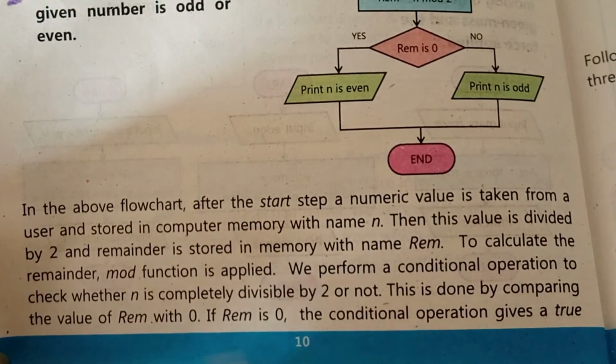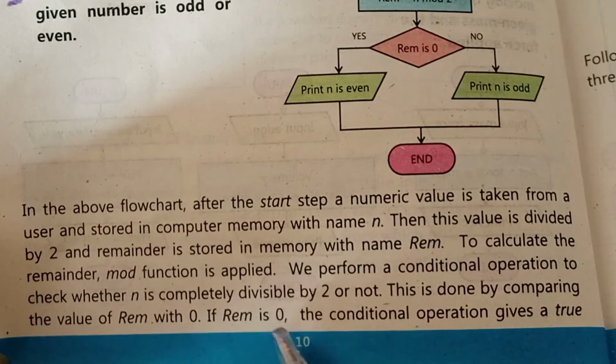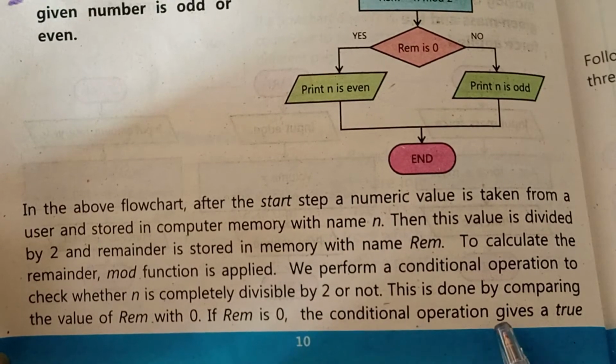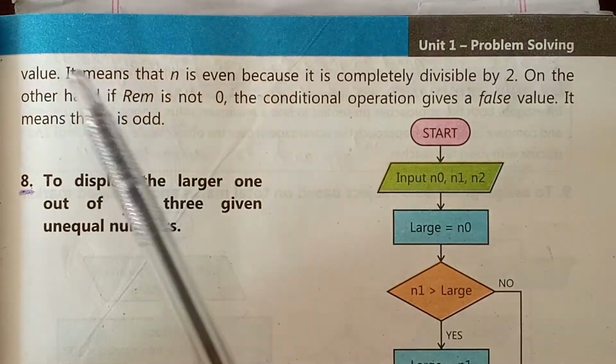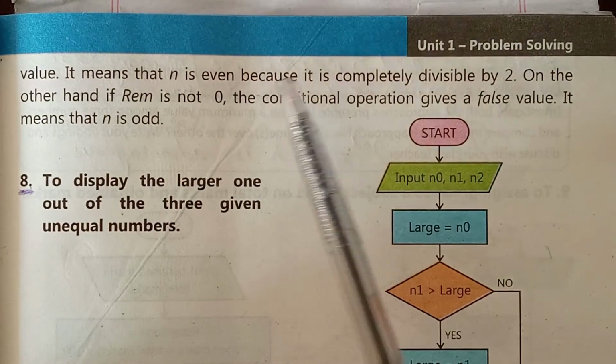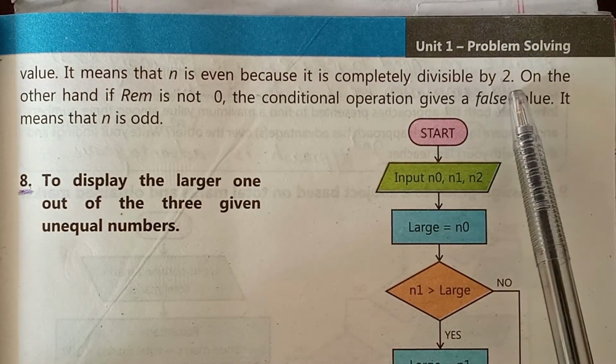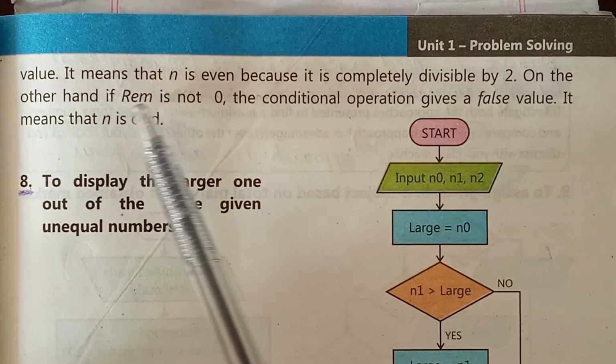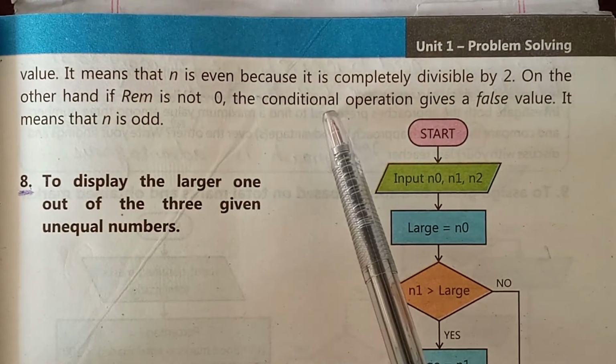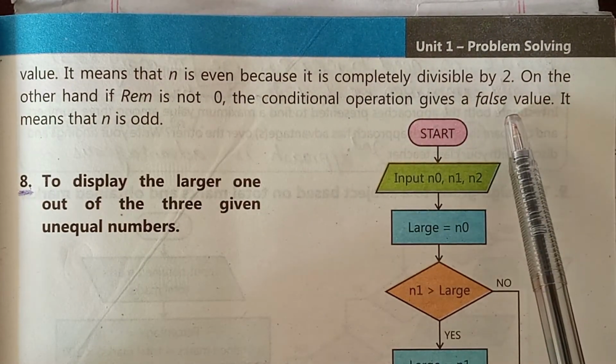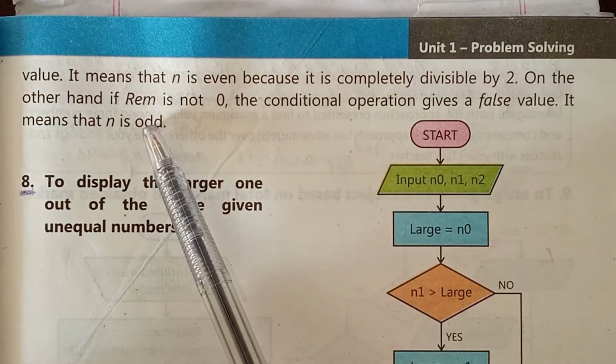This is done by comparing the value of remainder rem with 0. If remainder is 0, the conditional operation gives a true value. It means that n is even because it is completely divisible by 2. On the other hand, if remainder is not 0, the conditional operation gives a false value. It means that n is odd.